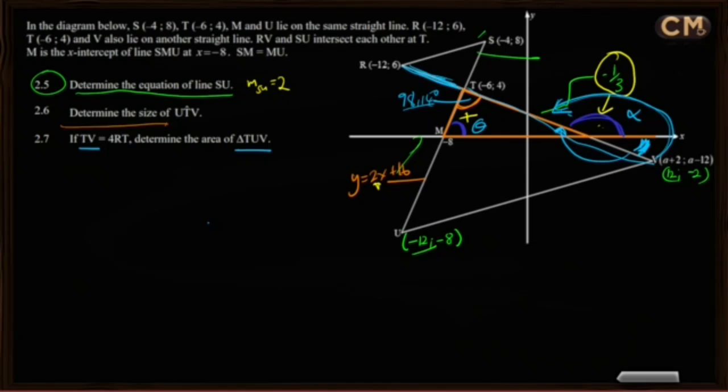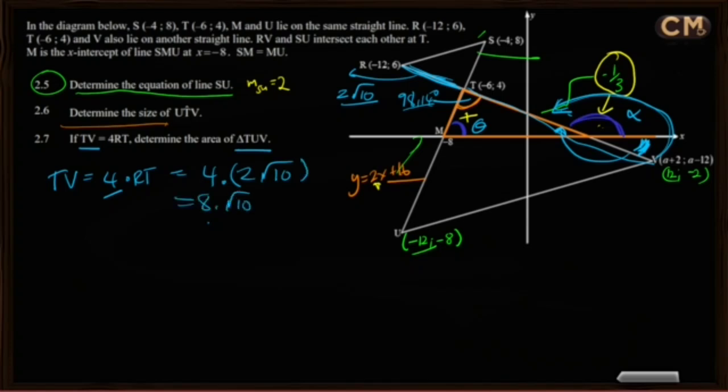RT is 2 times the square root of 10 if we go back in our calculations. Therefore, TV is just going to be 4 times 2 times the square root of 10, and that's 8 multiplied by the square root of 10.